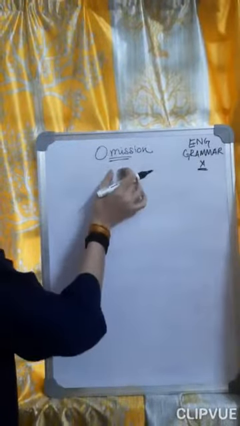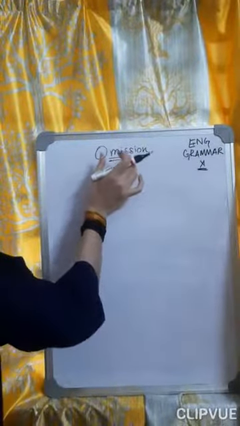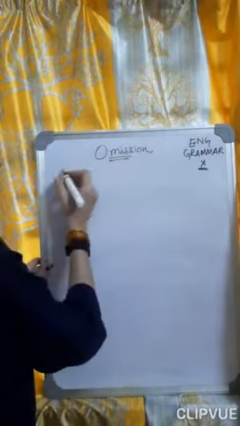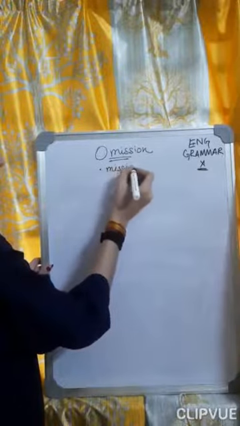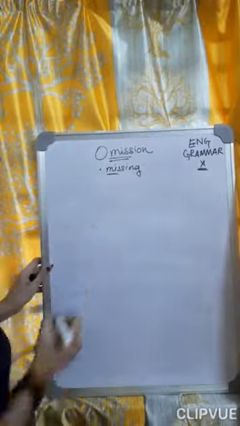From this word, what we know is omission means to omit something. That is, there will be something which is omitted from that portion. Our closed passage was also dealing with something missing. So this omission is also going to be with something missing.